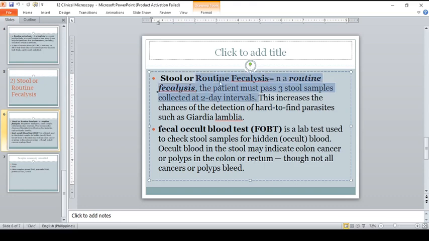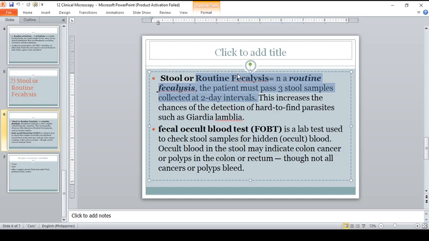Depende kasi yan sa test request ng doctor. So, this increases the chances of detection of hard-to-find parasites like Giardia lamblia, hookworm, Ascaris lumbricoides, okay? So, this one, the stool or routine fecalysis, is intended to see if a patient has parasitic infection.